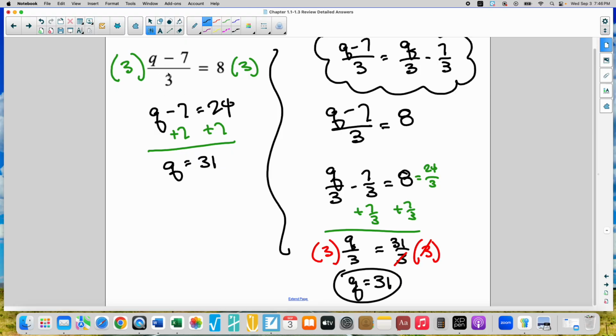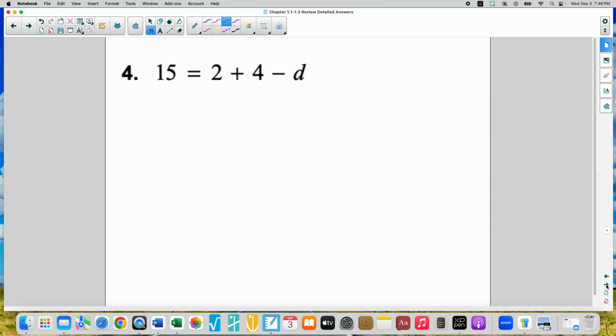So be able to recognize the uniqueness of this problem. This is unique. This is not unique, but we do need to remember something: simplify both sides before isolating.